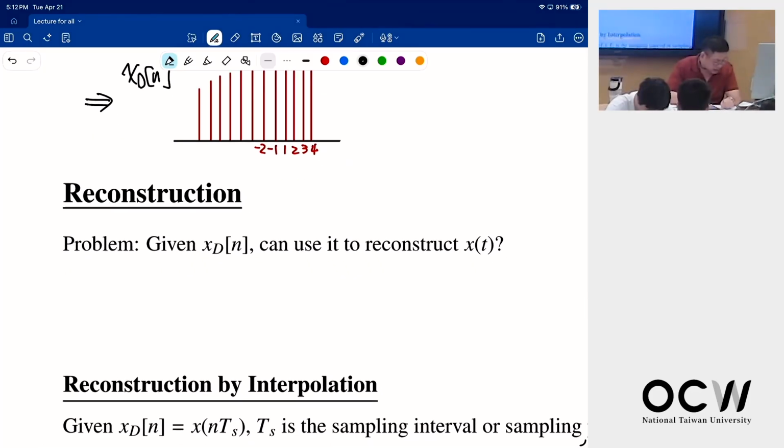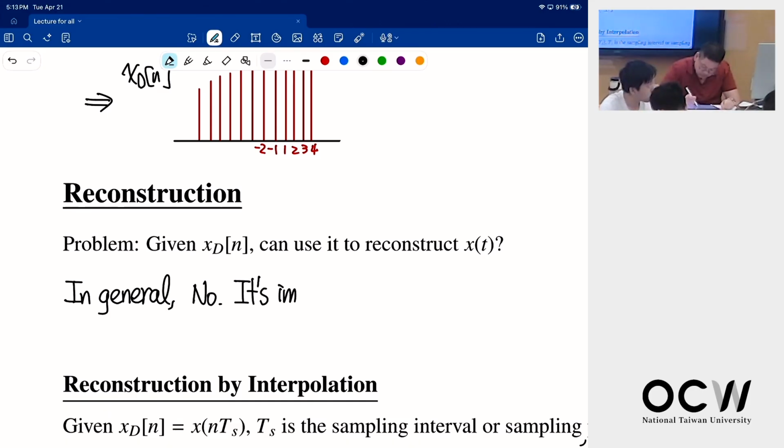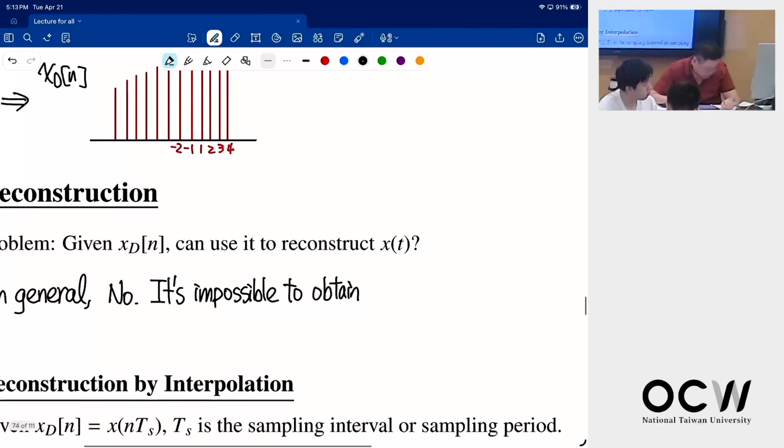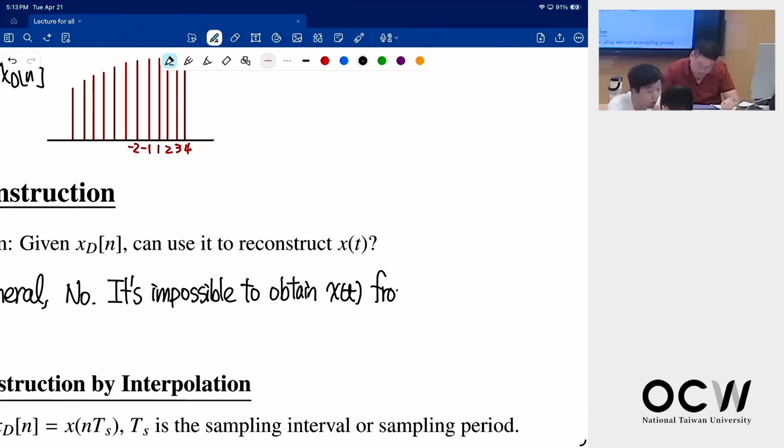Actually, in general, no. It is impossible to obtain the original signal x from this discrete signal.